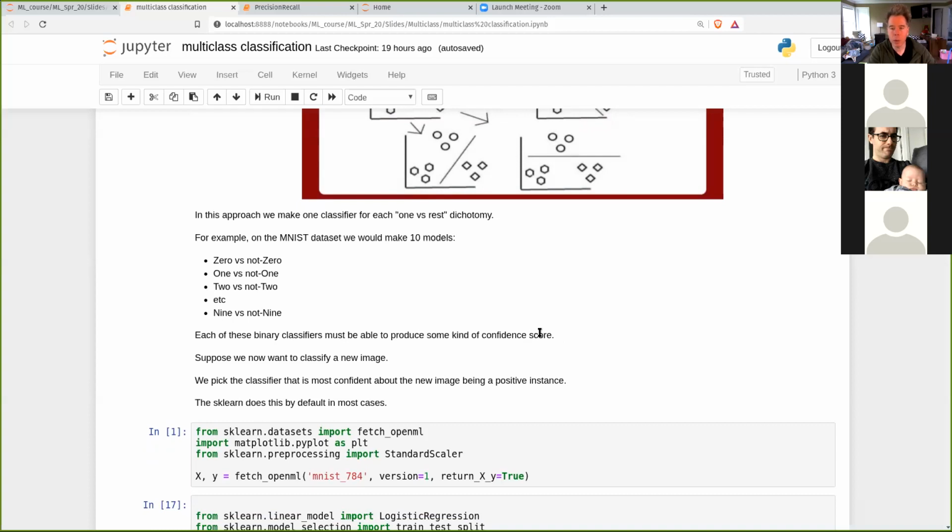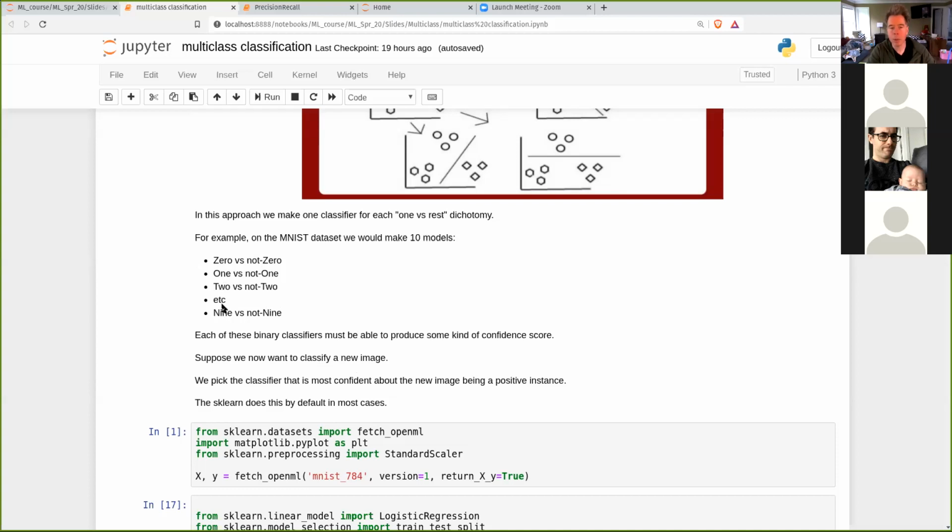Now what do you do if you want to classify a new image? You have a new image, and every one of these models makes a prediction. Some of them are going to say yes. Like I show a new image of a number, and maybe the 1, 5 and 6 models all say yes, it's me. All the other models say no, it's not me.